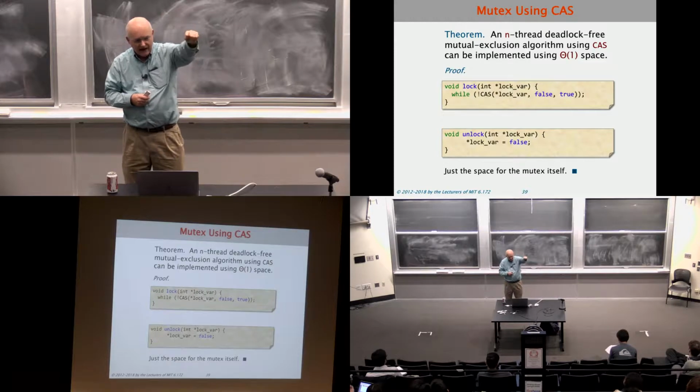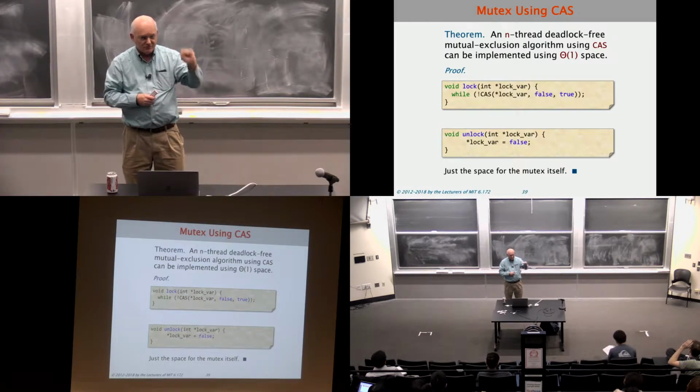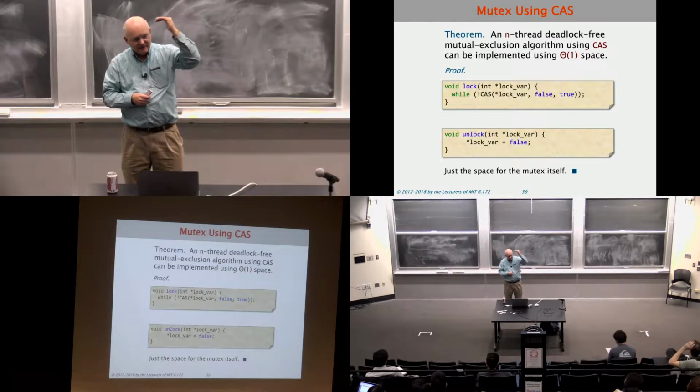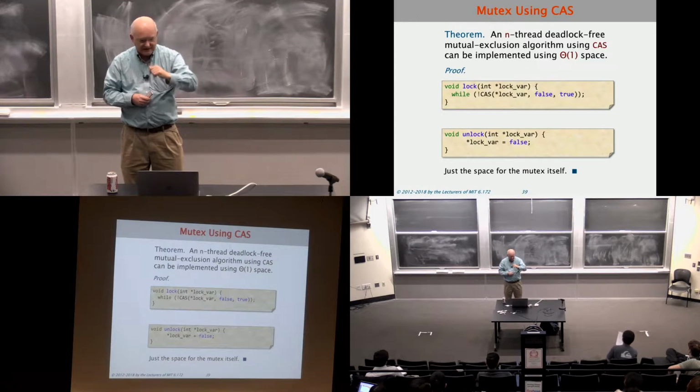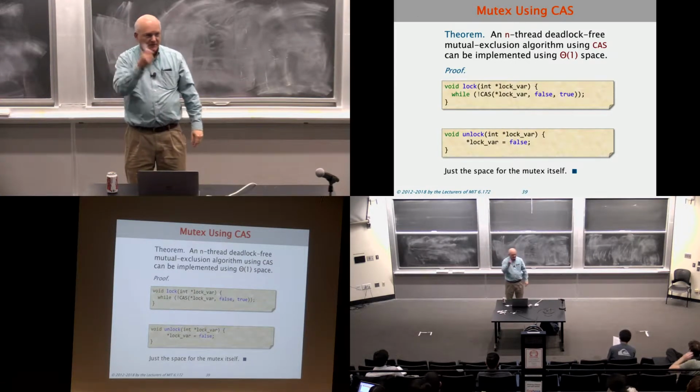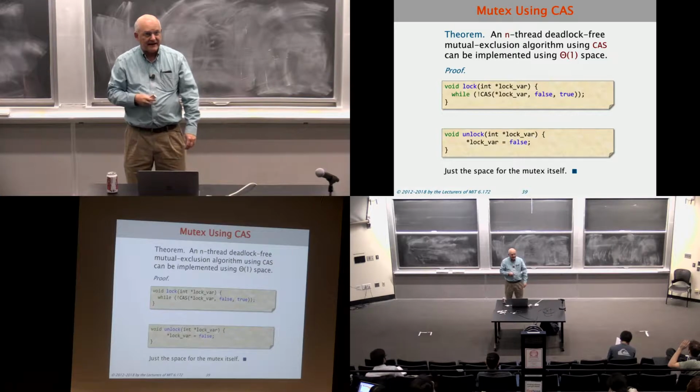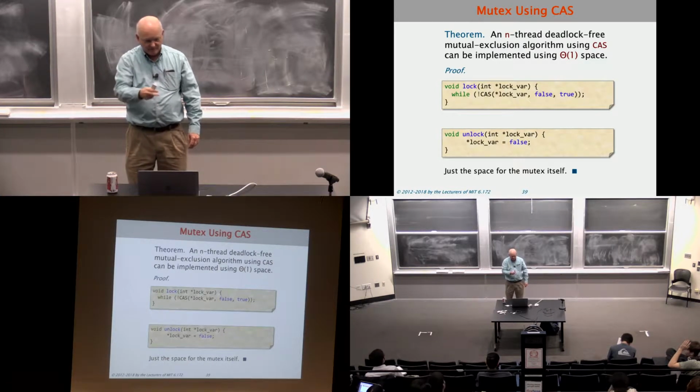I'm saying, if the value is false, swap in the value true and return true. And if it's true, then don't do anything and tell me that you didn't succeed. In which case, in this loop, it'll just keep trying again and again and again. It's a spinning lock.